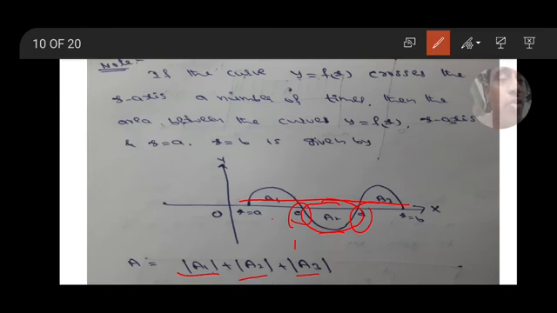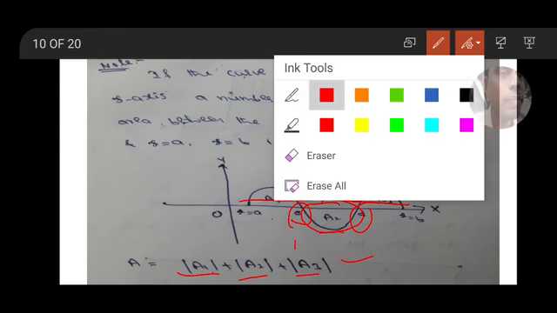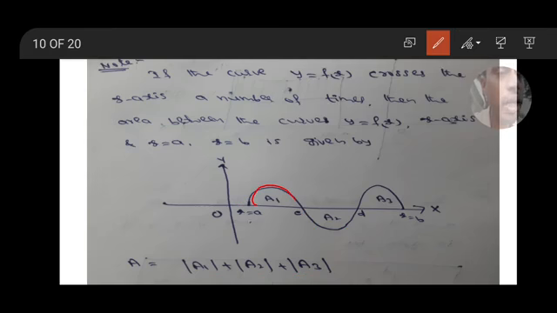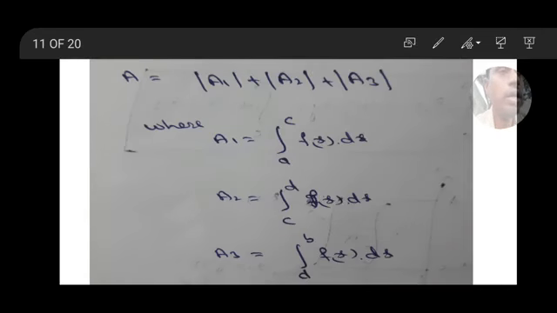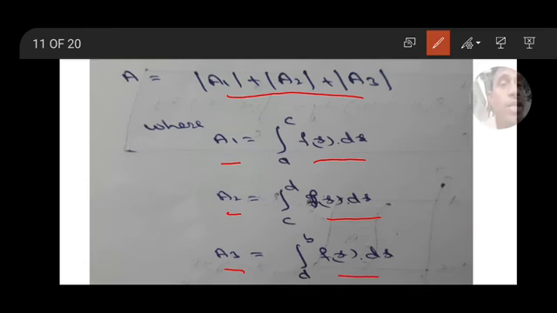Modulus of A1 means integration A to C, modulus of A2 means integration C to D, and modulus of A3 means integration D to B. That is, A equals mod A1 plus mod A2 plus mod A3, where A1 equals integration A to C f of x dx, A2 equals integration C to D f of x dx, A3 equals integration D to B f of x dx.